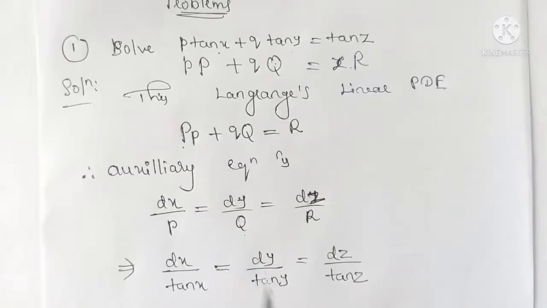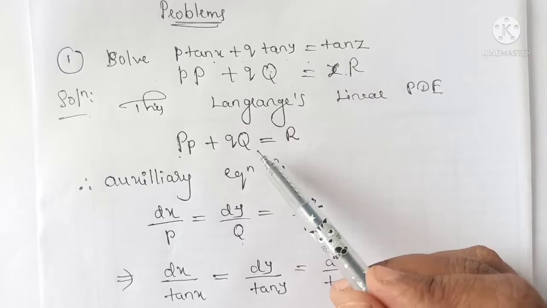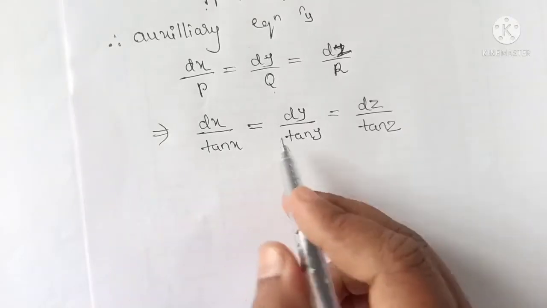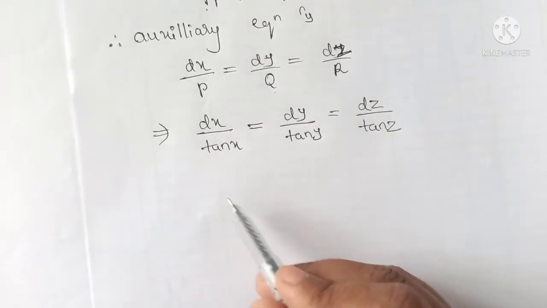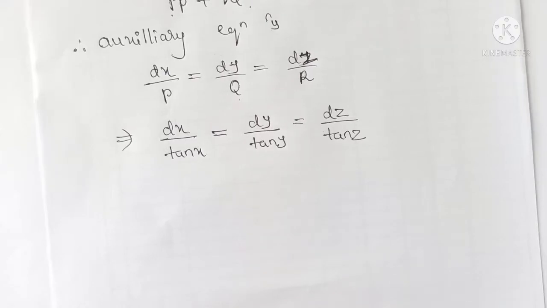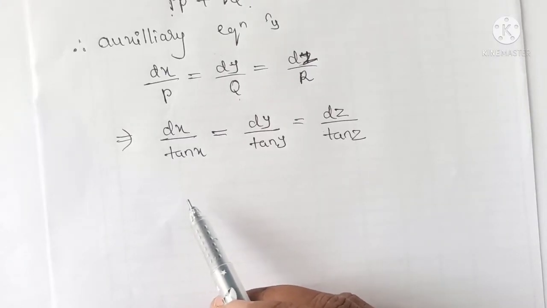Comparing the given equation with the standard Lagrange's linear equation, we get this. This is nothing but a simultaneous equation. By using the method of solving simultaneous equations, we can get the two independent solutions. You can choose the multipliers or you can use the method of grouping.